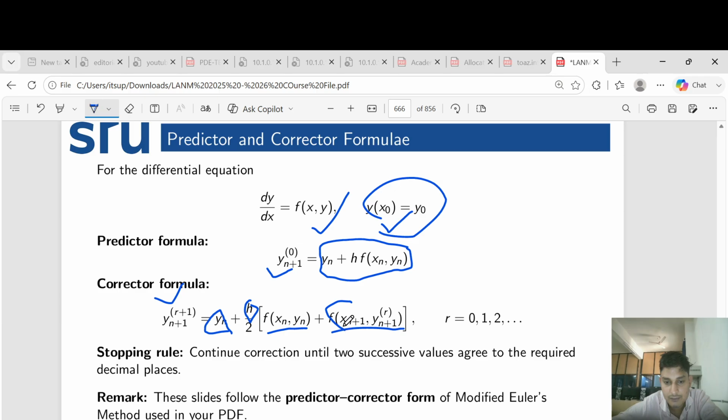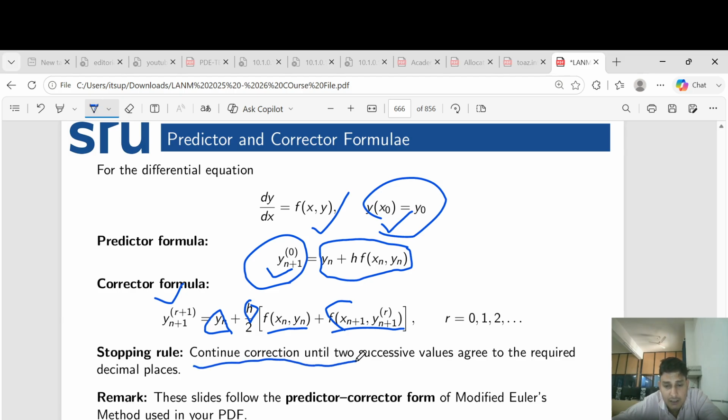If we put x0, then we get x1, which you obtain by adding x0 + h. The y1 value is nothing but the y1^(0) value here. So all these four or five values are given to you, and then you find the iteration y(n+1). Then if you put y at 2, you get the next value.